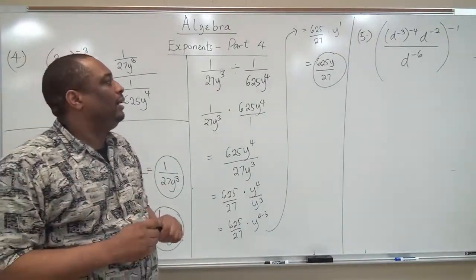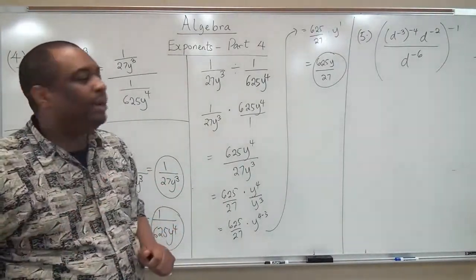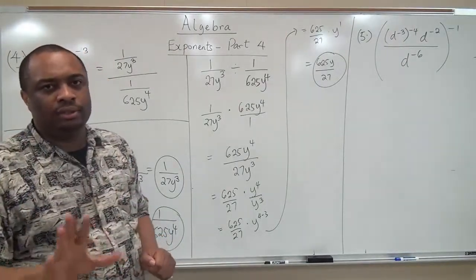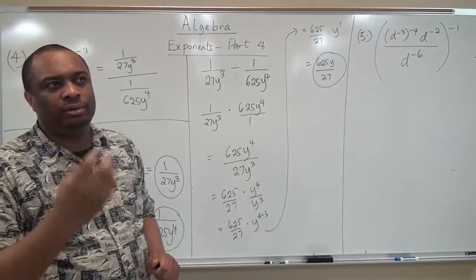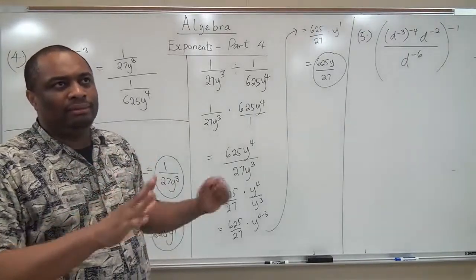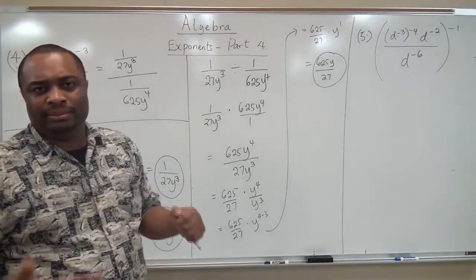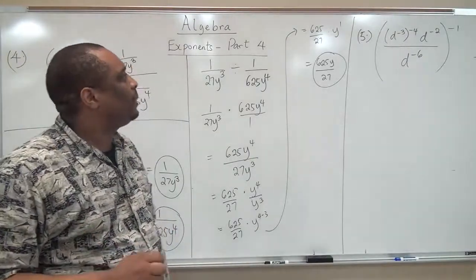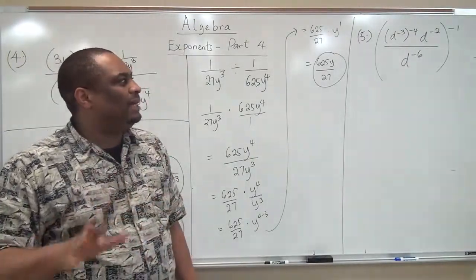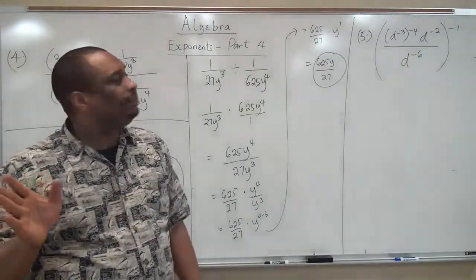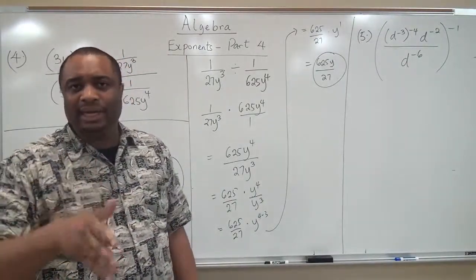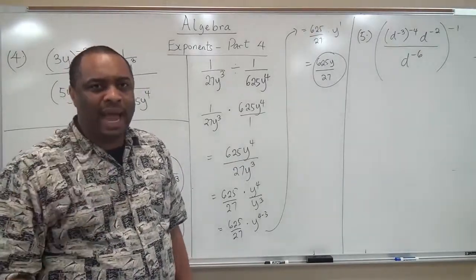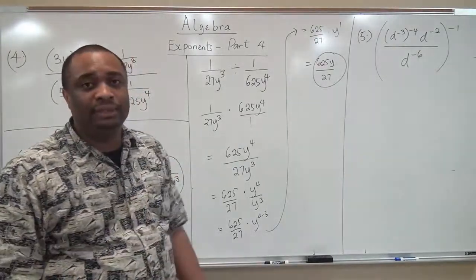You can do that, there's no problem, but we want time-saving methods. Methods that will save time. You see the fact that when you multiply a negative times negative, it's going to give you a positive. So we want to use that and see how we can do this work.